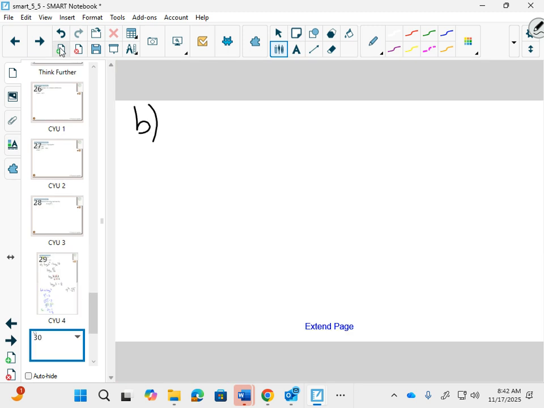Now part B, we have 2 log 4 of 6 minus 3 log 4 of 3 plus log 4 of 12.